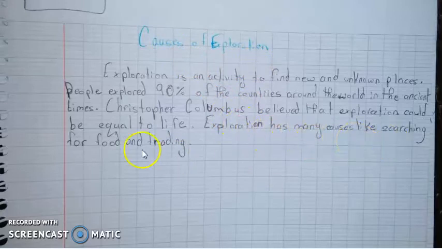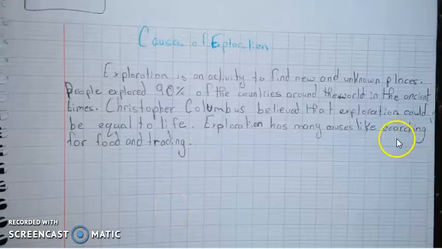We have to mention at least two causes that we want to discuss in our essay. Here we're going to write about searching for food and trading. So we have two controlling ideas, then we should have two body paragraphs.